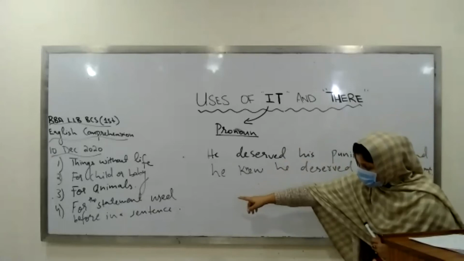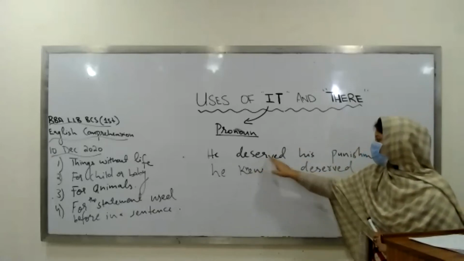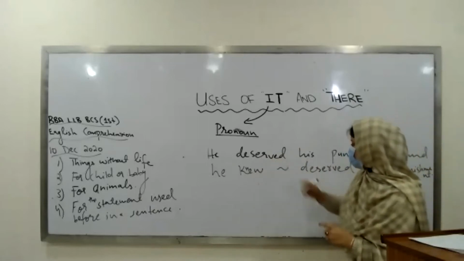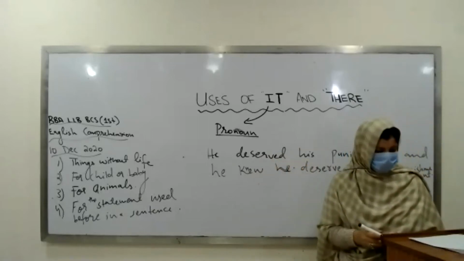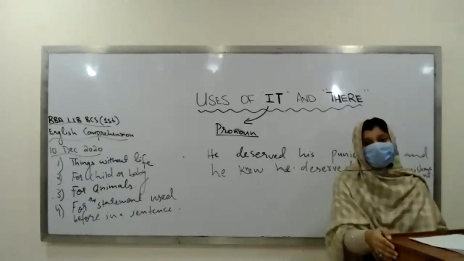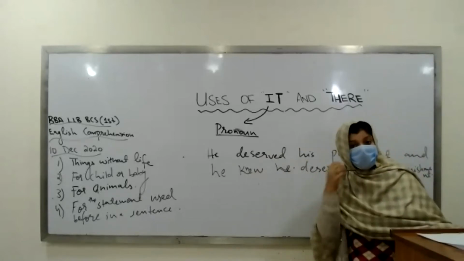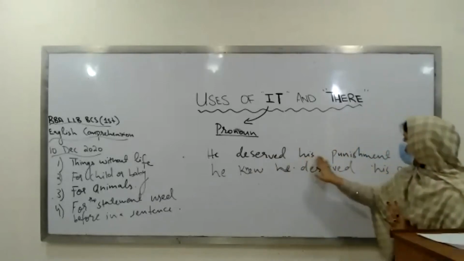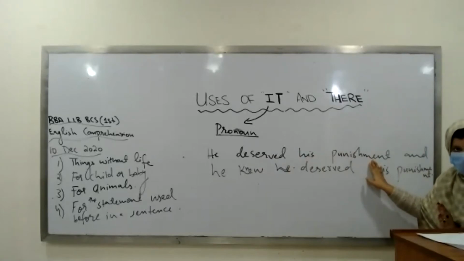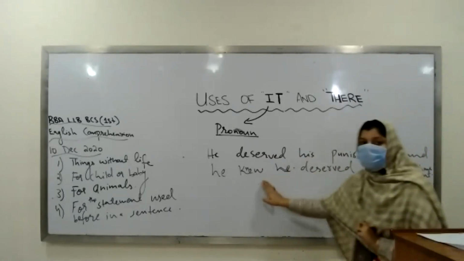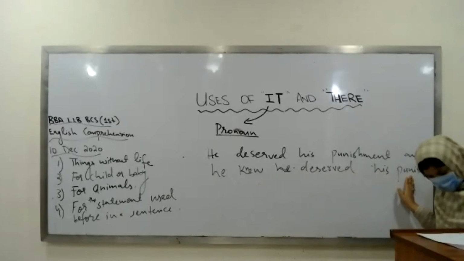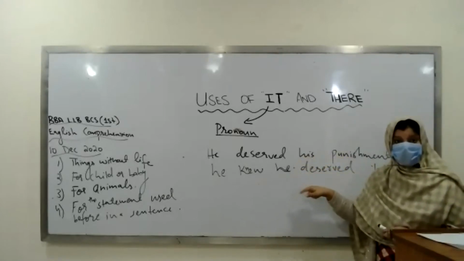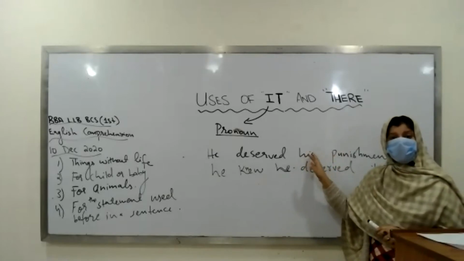For the same rule, fourth rule, another example is, he deserved his punishment and he knew he deserved his punishment. Now, he deserved का क्या मतलब है कि वो उस punishment का मुस्तहिक था जो उसे मिली है, और उसे पता है कि वो punishment जो उसे मिली है वो उसका मुस्तहिक था. अब यहाँ पे देखें, he deserved his punishment, it's the first part of the sentence, and he knew he deserved his punishment, it's the second part, and it has been repeated again. ये repeat हुई है because it has already been used in the first part of a statement.